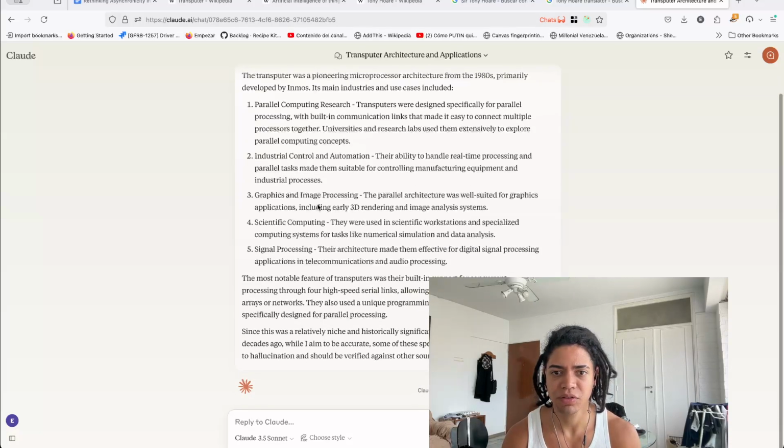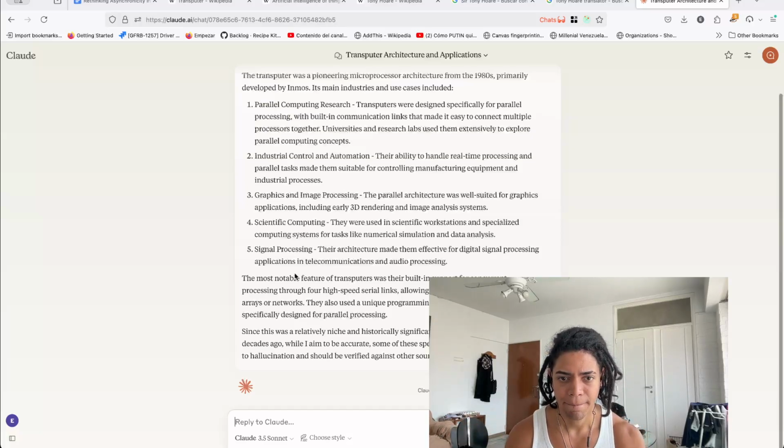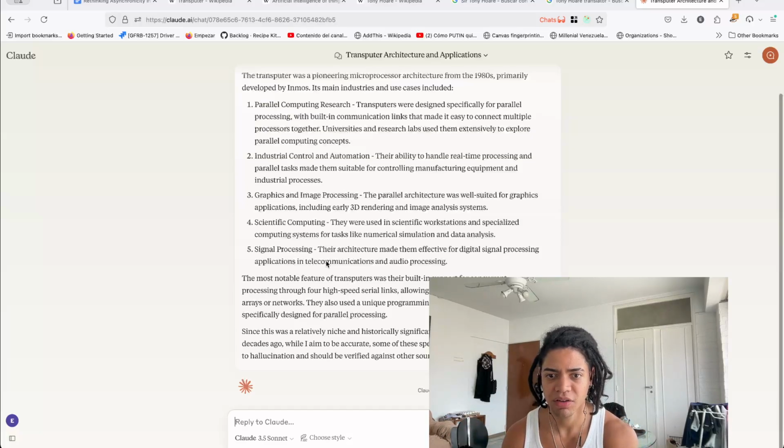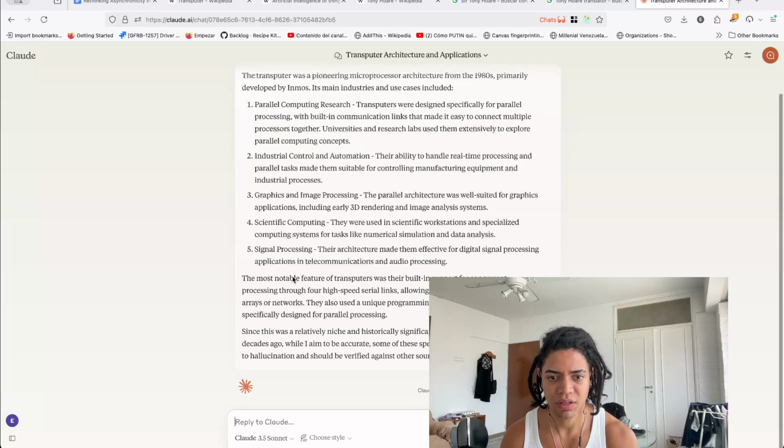Graphical and image processing, scientific computing, and signal processing: their architecture made them effective for digital signal processing, mostly in telecommunications and audio processing. Since this was a relatively niche and historically significant technology from several decades ago, while I aim to be accurate, some of these specific applications may be subject to hallucination and should be verified against other sources.